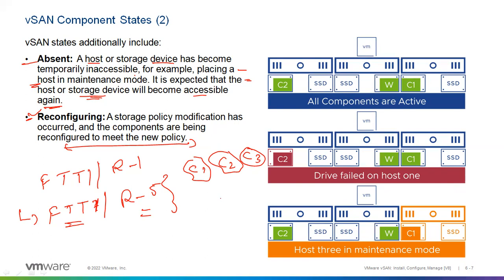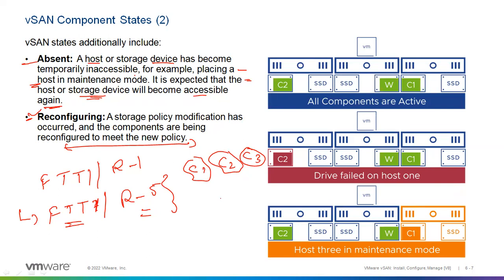Sir, I'm just confused between absent and degraded. So after 60 minutes, or 90 minutes, whatever time we have specified, does it go into the degraded state? I'll come back on it.